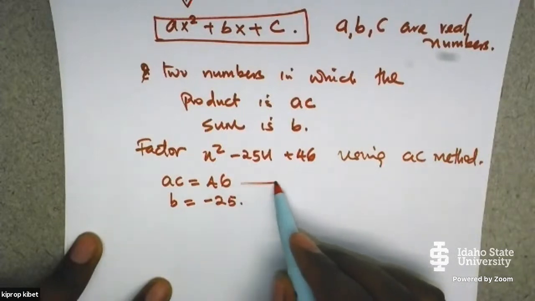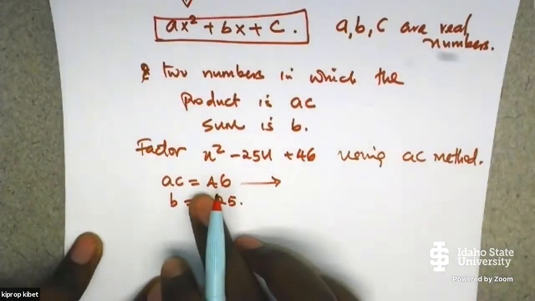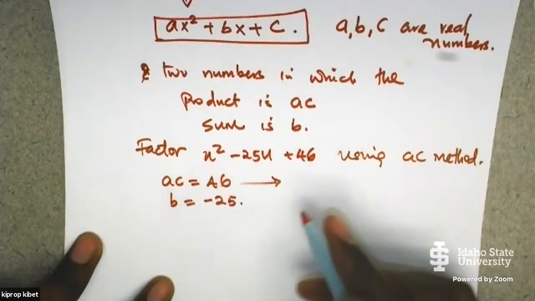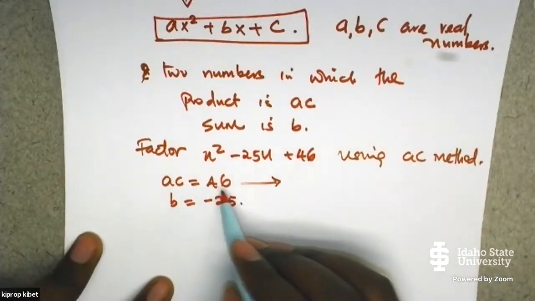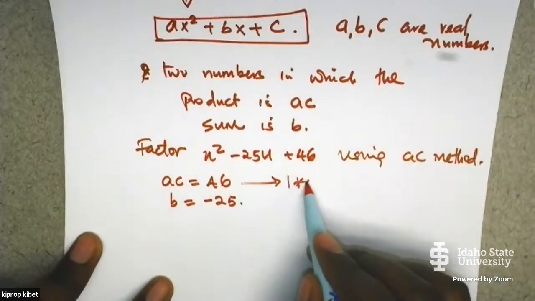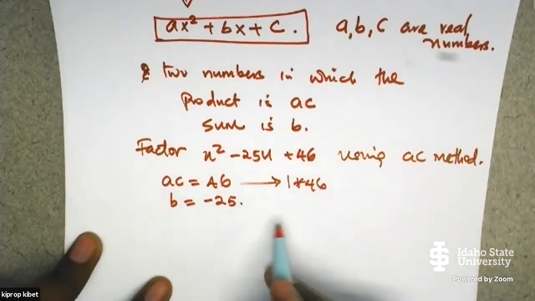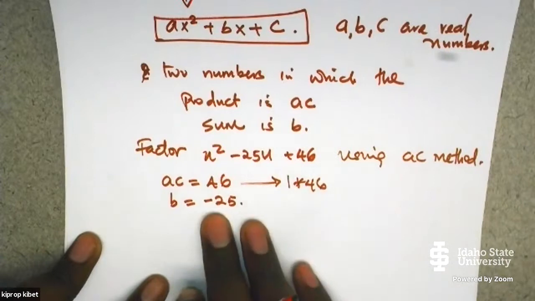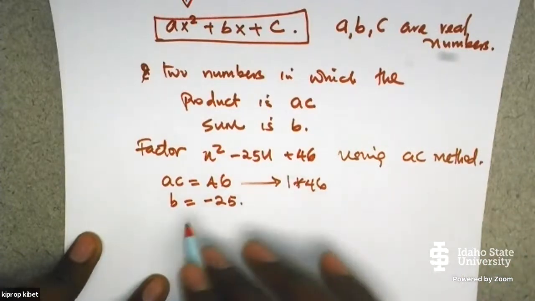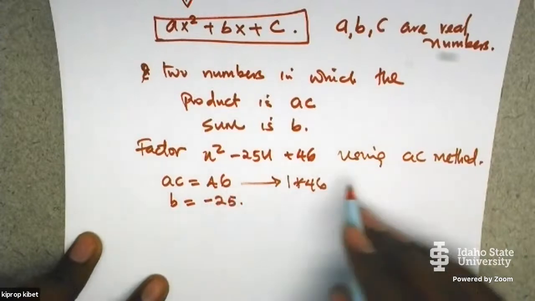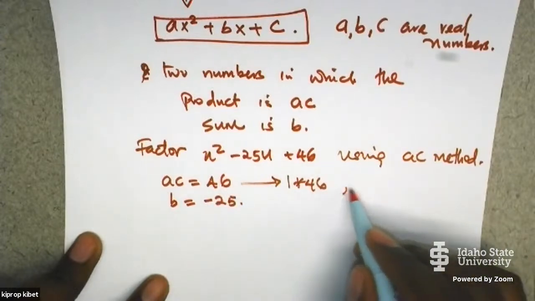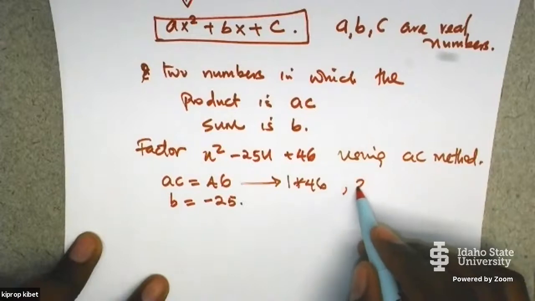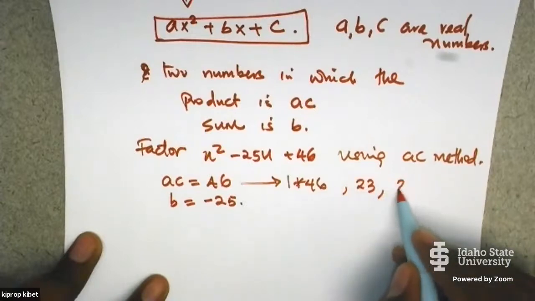So here, one of them can be 1. The factors of 46 can be 1 multiplied by 46, right? So those are two numbers, but is the sum negative 25? Now, if you go to 2, you divide 46 by 2, you get 23 and 2, right?